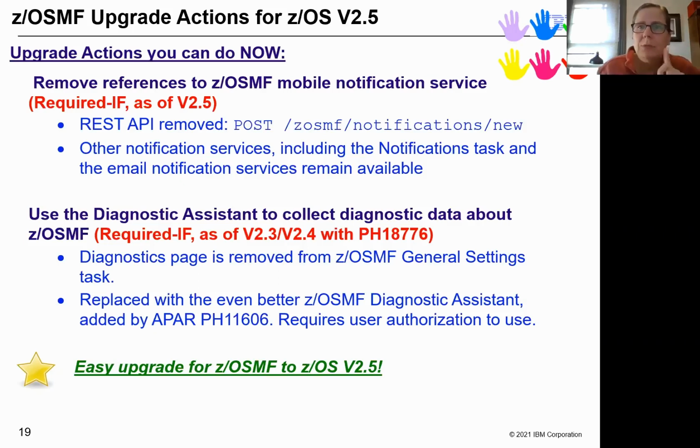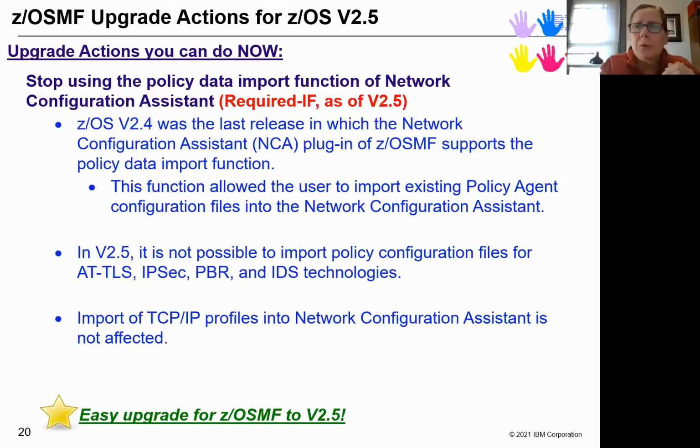Okay, so we're still keeping with that easy upgrade aspect of zOSMF. The last thing I wanted to talk about in zOSMF for the upgrade action, and I had mentioned it in part 1, is the network configuration assistant.